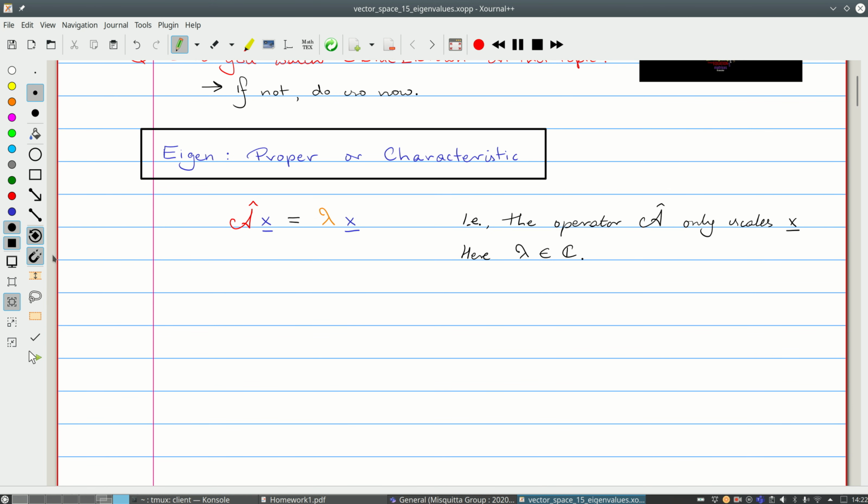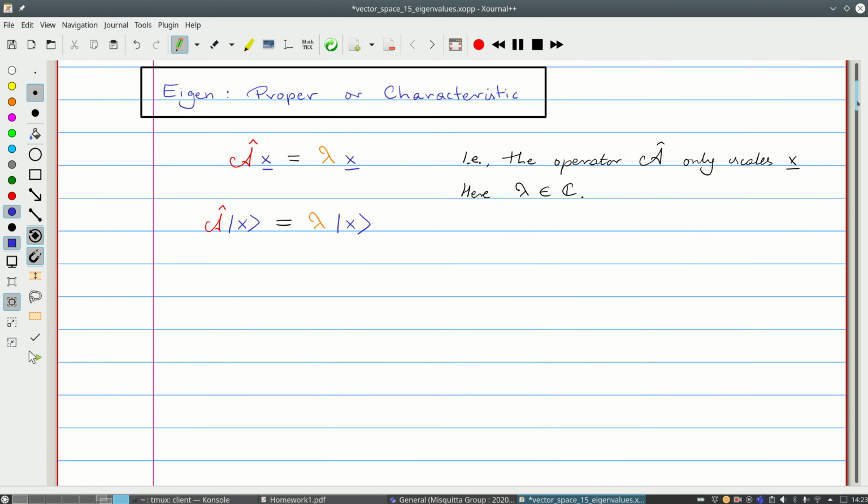Now in Dirac form we would write this as the operator A acting on the ket x, and that's equal to lambda times the ket x. That's in the abstract sense.